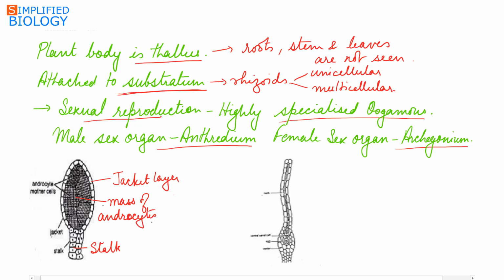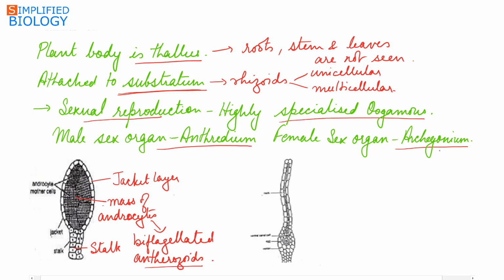Now these androcytes, as they are released, get converted into biflagellated antherozoids, which are the male gametes. When an antheridium matures, the jacket layer breaks up and the antherozoids are released.